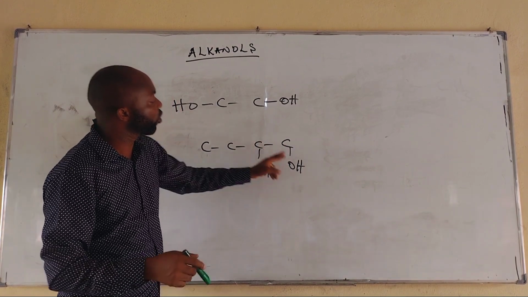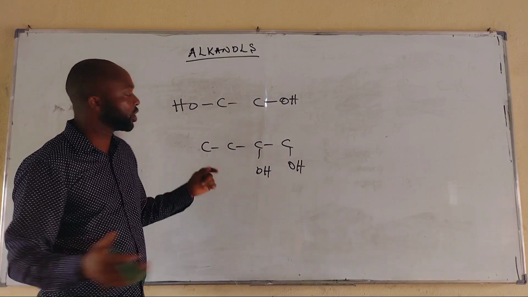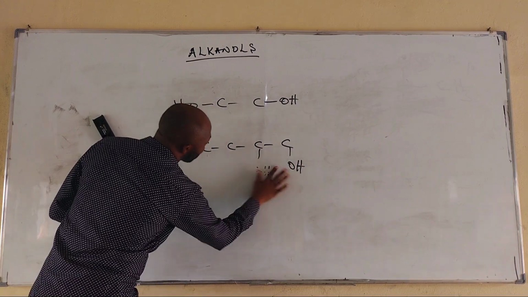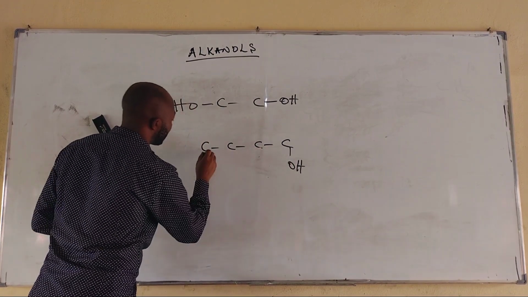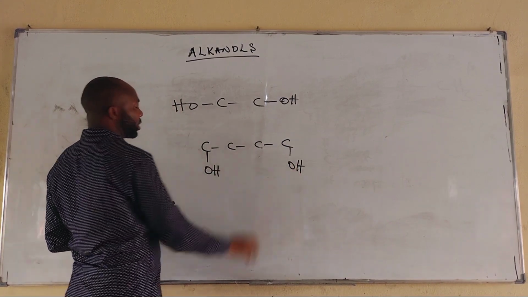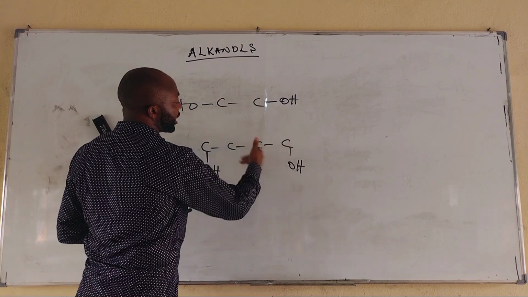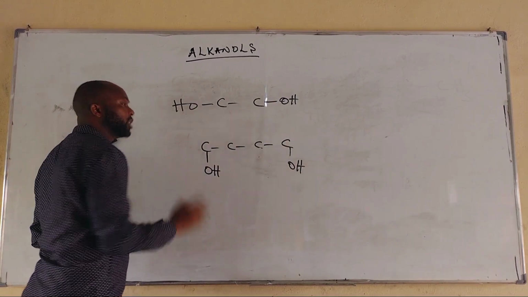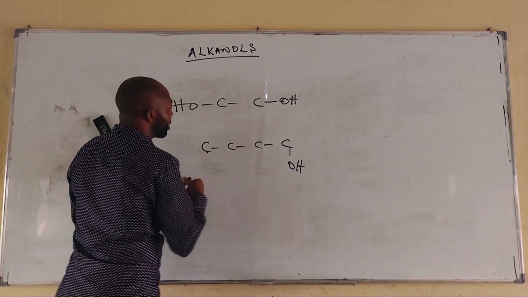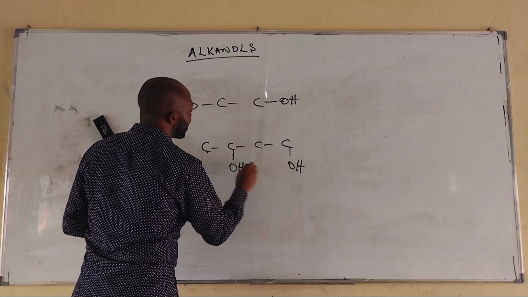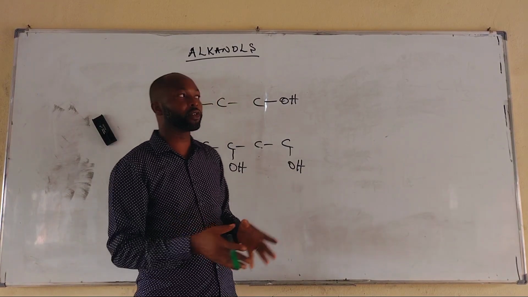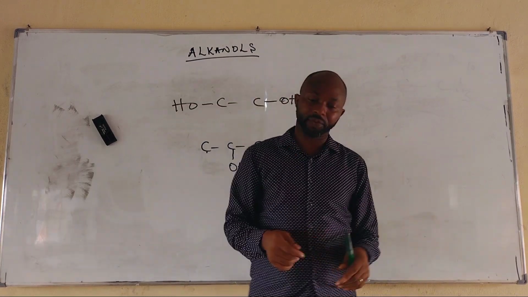This is butane 1,2 diol because we have 2 of these. It can be butane 1,4 diol. If the position is here, dihydric, we still have 2 hydroxy groups. So this becomes butane 1,4 diol. If it is in the middle here, it is butane 1,3 diol. So this is classification based on the number of hydroxy groups in the compound.